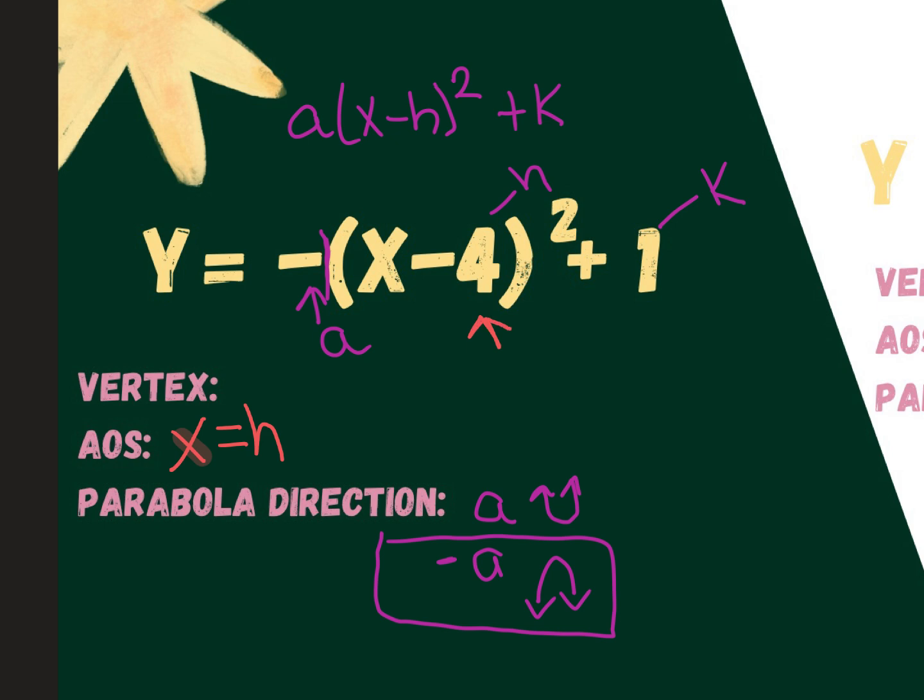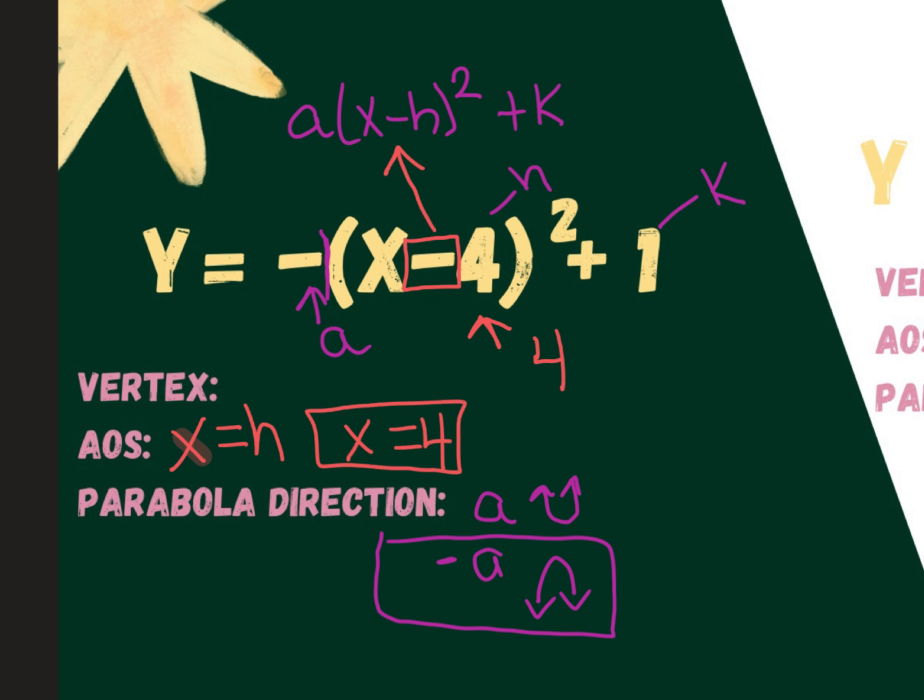Well, it's right here. It's a 4. And remember, the subtraction sign is part of the formula. So our h value is positive, which means our axis of symmetry is also positive. We have that x equals 4.